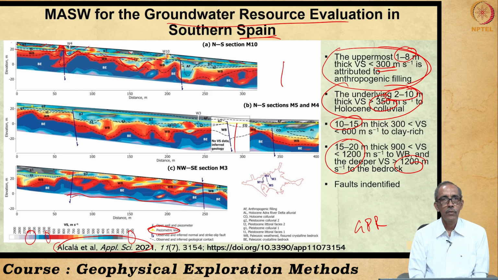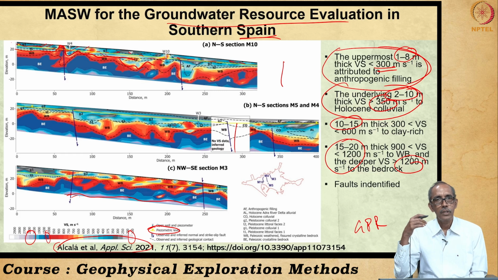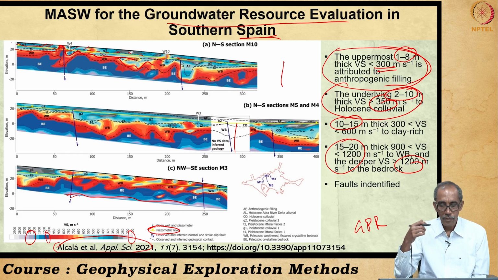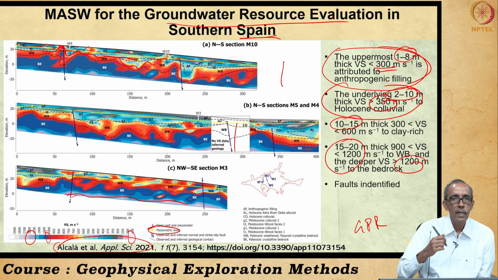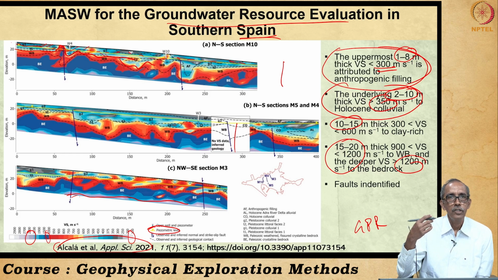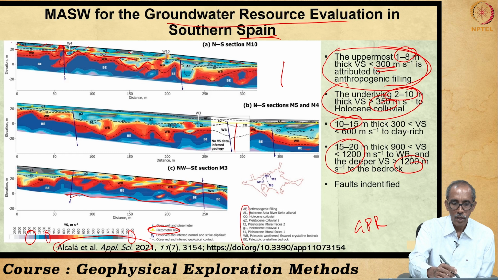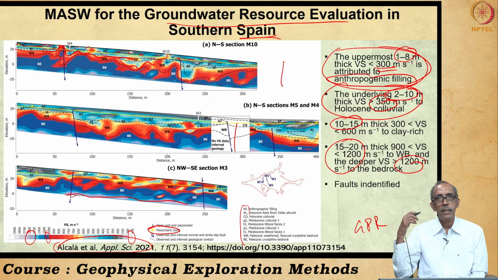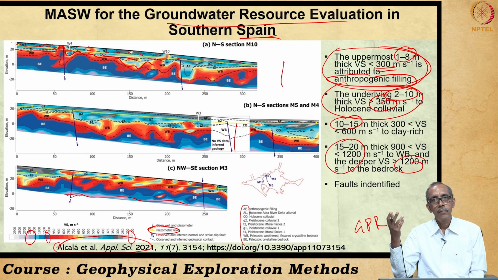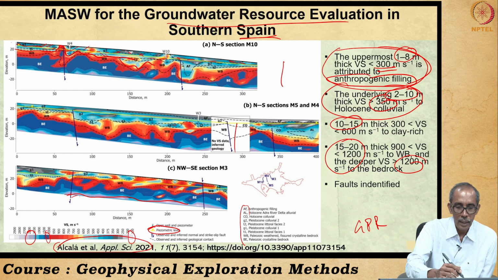So, this is how from the velocity distribution different layers were deciphered and also making use of some geological information available from that site. On the velocity section they have also indicated, right, the top zone is filled material, right. That means a low lying area has been filled, maybe in the past they had filled it, that could be deciphered.